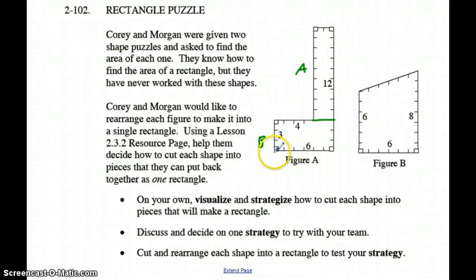As you can see, this is 6 all the way across, and it's 4 here, so the length of this line is going to be 2. 6 minus 4 would give us 2. So the dimensions of this rectangle up here are 12 and 2. The dimensions of this rectangle down here are 3 and 6. You can find the areas of those and add them together.